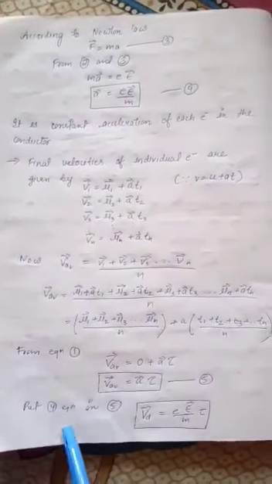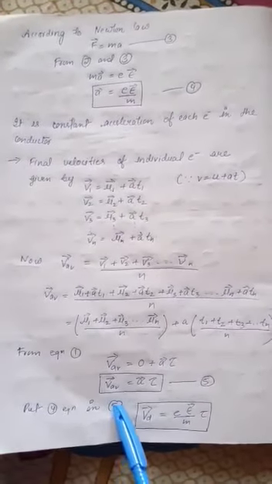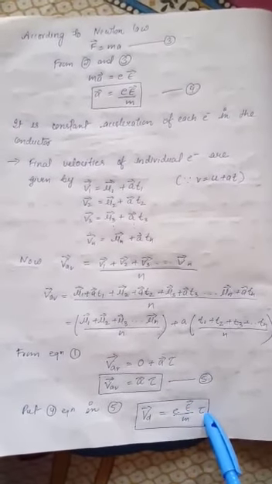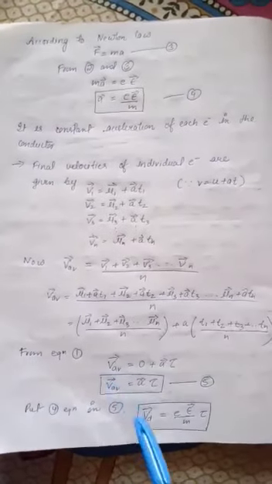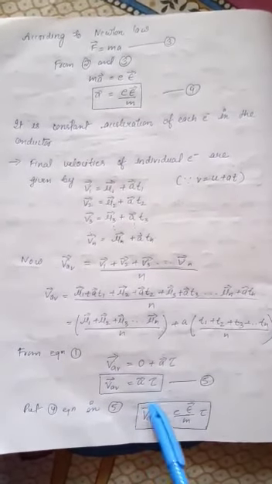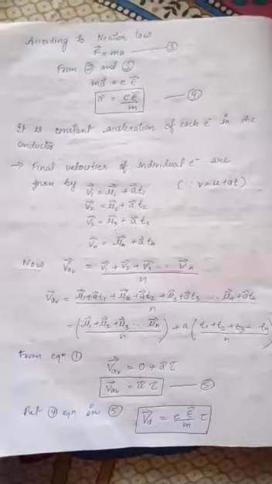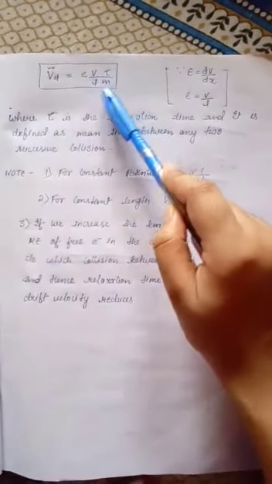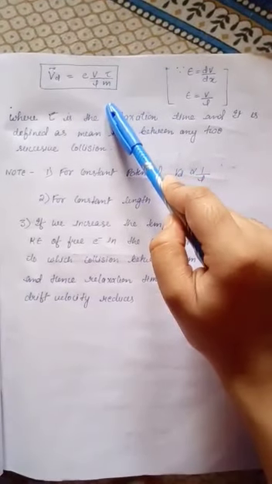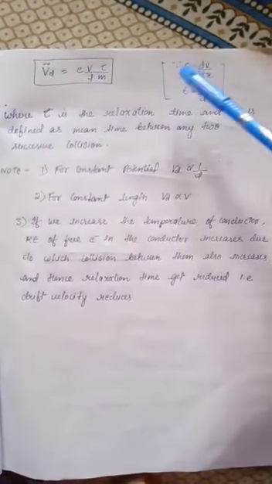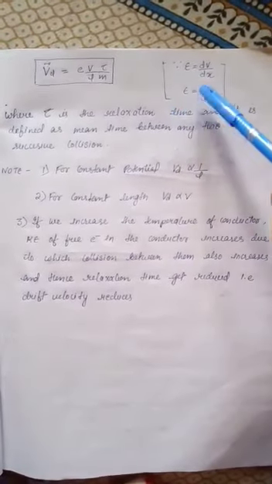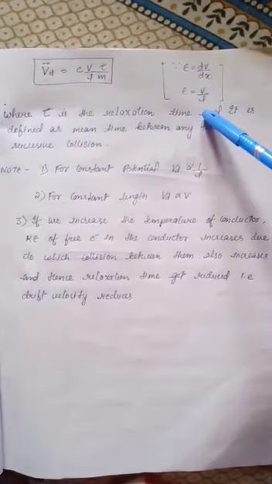Now put equation 4 in equation number 5. Then the drift velocity is equal to eE/m tau. This drift velocity is the average velocity and this is a vector quantity, and E is a vector quantity. Now we know E = dV/dx, so we can write E = V/L.